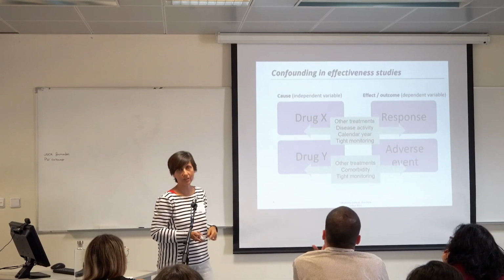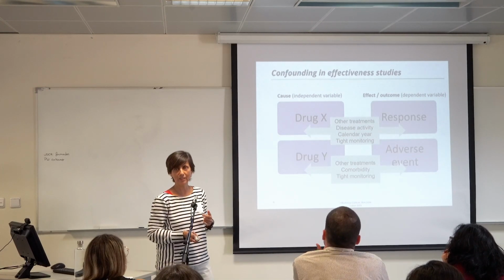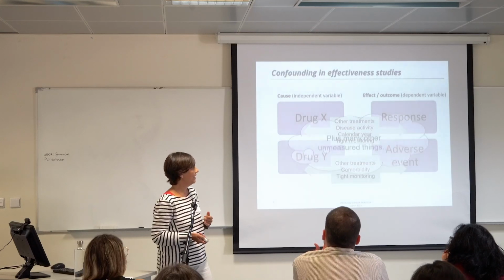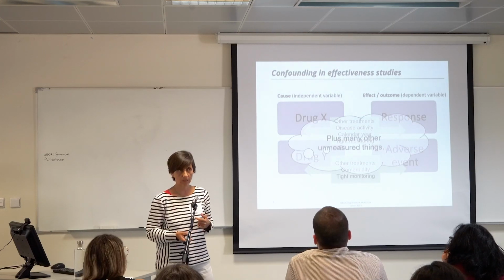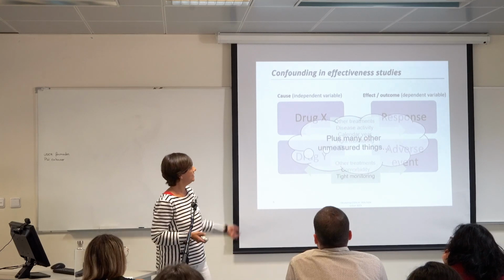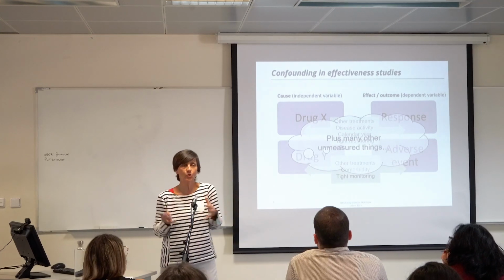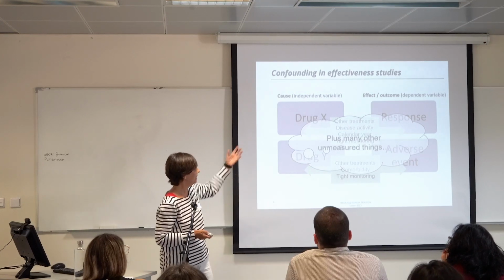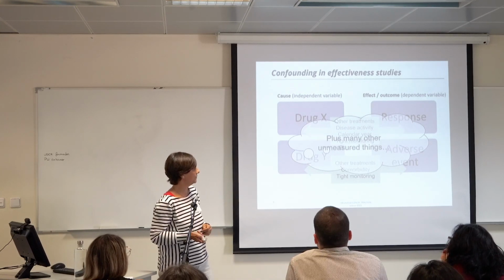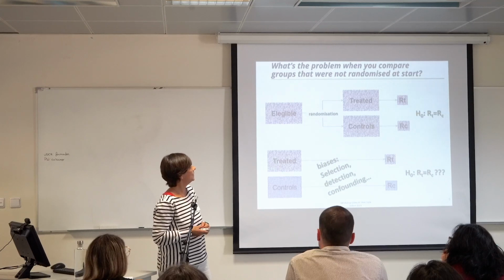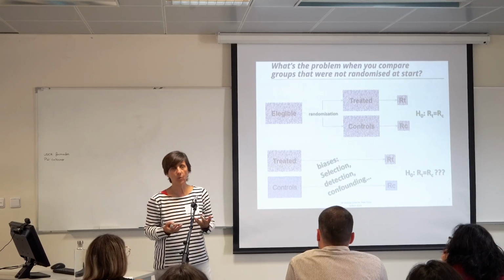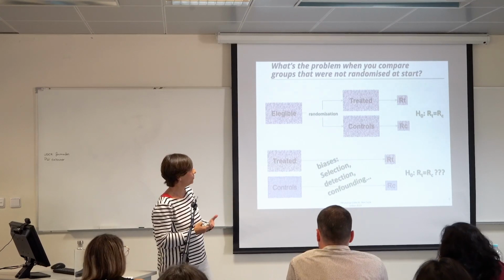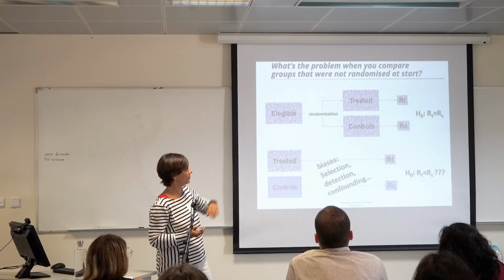And these are not only the things that could get in the middle. You could also get a lot of other unmeasured things, right? So this is the reason why you need to do something with the confounding in effectiveness studies. So what is the problem when you compare groups of treatment and you don't randomize?